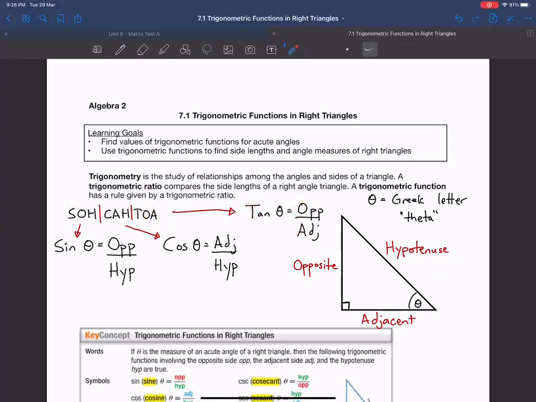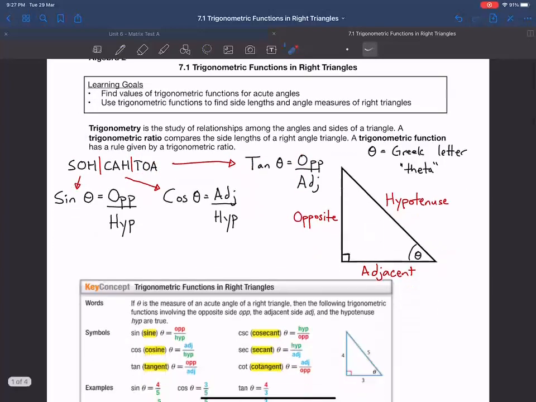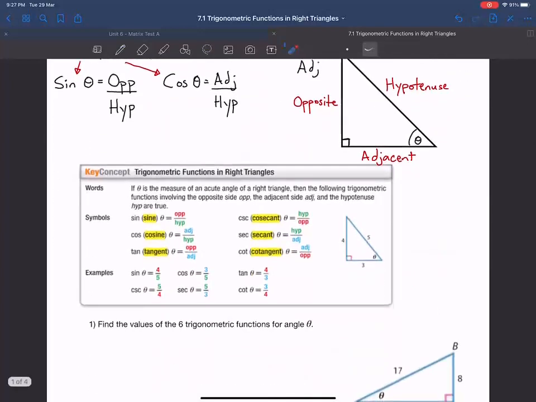We also have these things called reciprocal functions, which are 1 over. For example, my sine of theta is my opposite over my hypotenuse, but we have the reciprocal. If we do 1 over sine, this would be equal to my cosecant of theta. So we go from opposite divided by hypotenuse to hypotenuse divided by opposite.